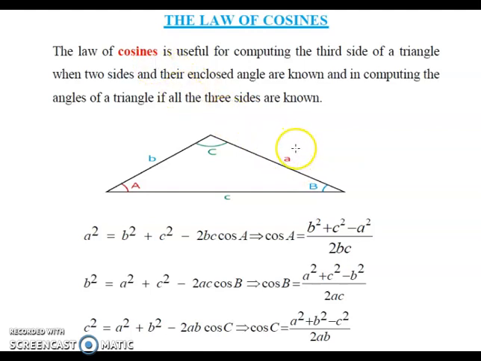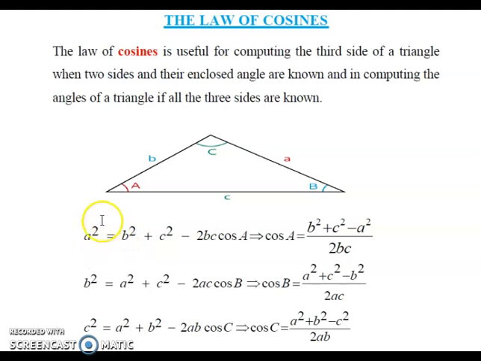If we know two sides small a, small c and enclosed angle B, we can find the remaining side small b. If we know side a, side b, and enclosed angle C, we can find the third side small c by using these rules.